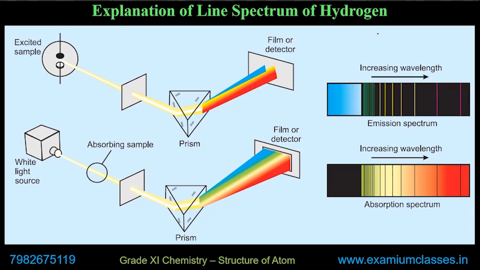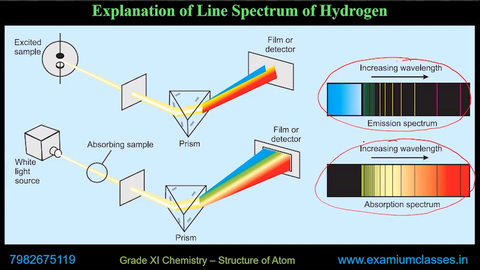So here we have two examples. First is the emission spectrum, and the other one is the absorption spectrum. The difference is based on what source we are using. If we are using a source which emits a particular frequency, then it is an emission spectrum.